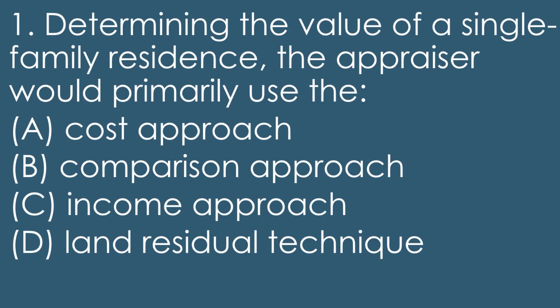And then we have the comparison approach, which is the market data approach. This is the most readily usable approach because you use sales comparables. And the sales comparables are a really great tool to help with making adjustments and figuring out where the market currently is at.